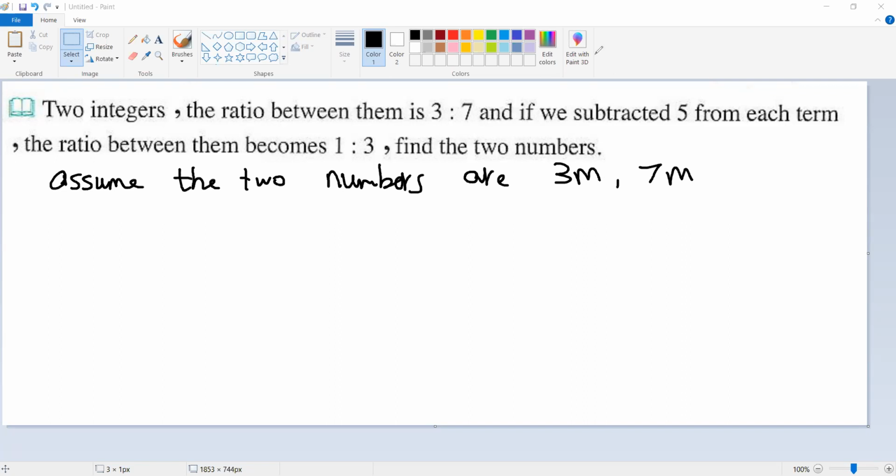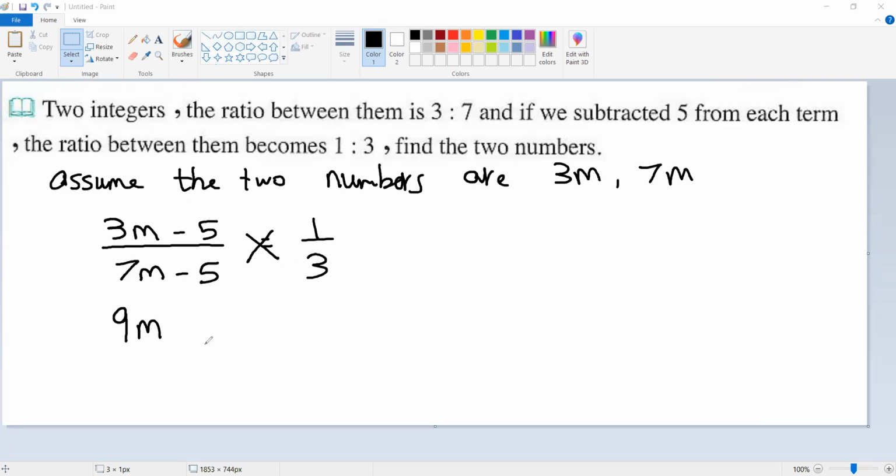If we subtract 5 from each term, so 3m minus 5 over 7m minus 5, the ratio between them becomes 1 to 3, and then do cross multiplying. 3 times 3m is 9m, and 3 times minus 5 is minus 15, equal to 1 times 7m, which is 7m, and 1 times minus 5 is minus 5.